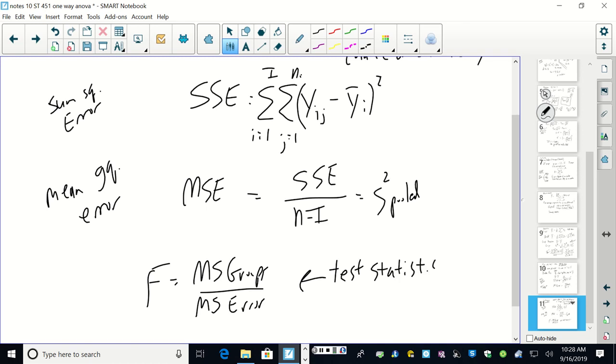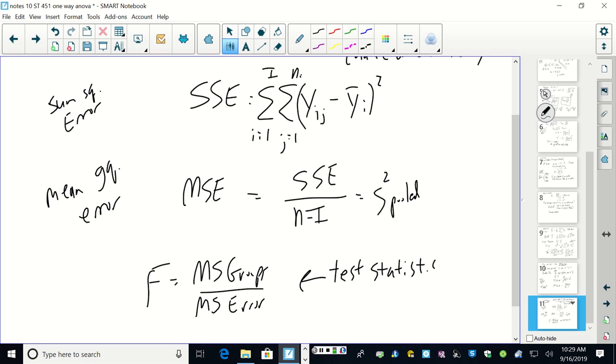If the null hypothesis is true, the y bar i's are all pretty close to y bar, in comparison to the natural variability in the system, then that F is going to be small.